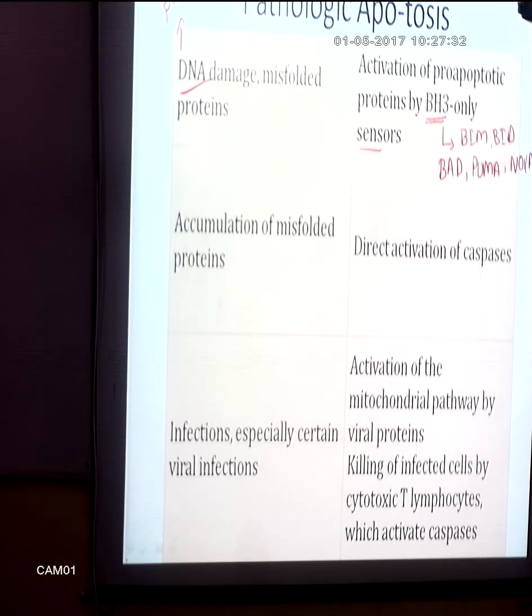You must know they play a vital role in the mechanism of apoptosis. Here, when there is DNA damage and p53 is activated, among these particularly PUMA is responsible for p53 induced apoptosis. If there is one option to choose, you choose PUMA. The next comes misfolded protein.